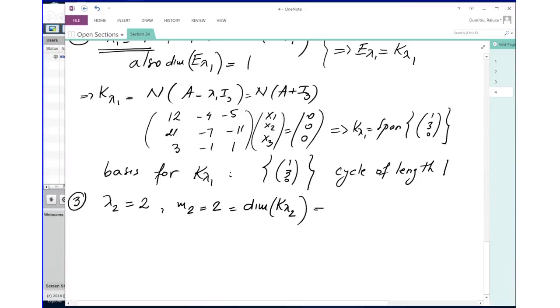Well, since the dimension is 2, and we know from the theory that the basis for K lambda will always be a disjoint union of cycles, right? How can you get to 2 vectors? Well, there are 2 options. One single cycle of length 2, right? And that will be your basis. Second option, you have 2 disjoint cycles of length 1, right? That's the only way in which you can create 2 vectors out of a union of cycles.